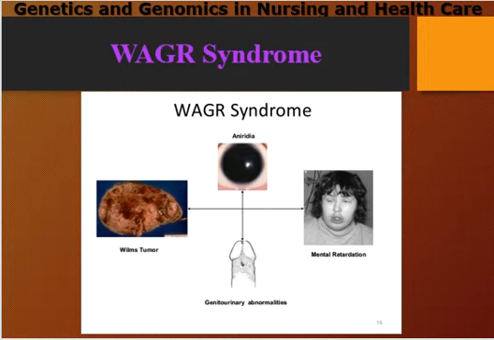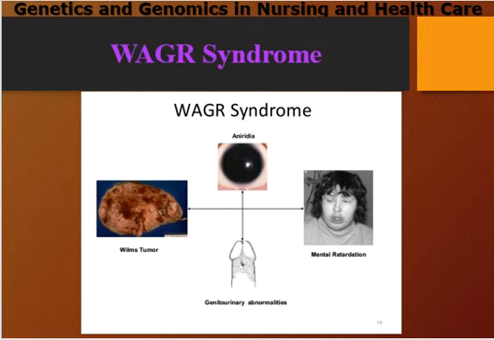A Wilms tumor, which is a common pediatric kidney cancer. They also have, the A is aniridia, so they have loss of the iris, or a very small amount of iris. And so these are actually often identified at birth from the examination of the eye and seeing that loss of that iris. Okay, and so it makes sense that they would be very photosensitive as well.